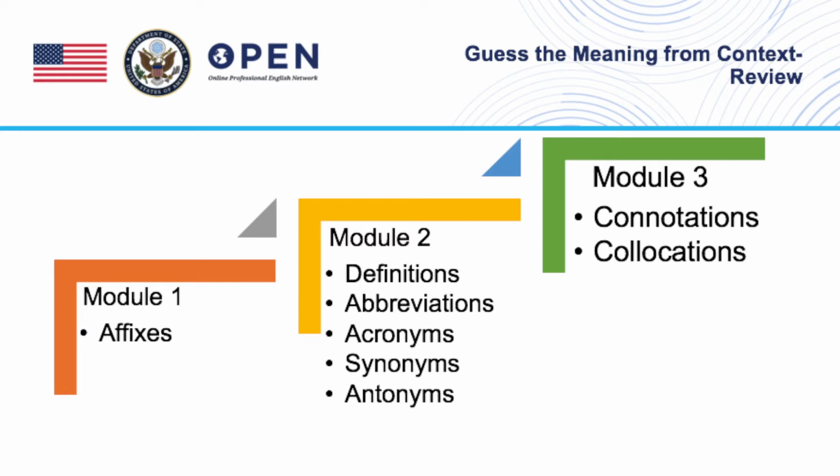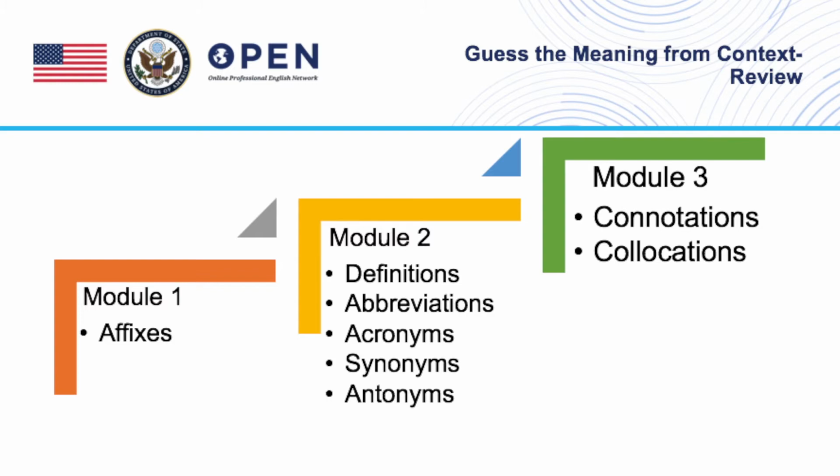In Module 3, we learned a little more about how words are used by looking at connotations, or the feelings the words give us, and collocations, or the word partners that are commonly used together.